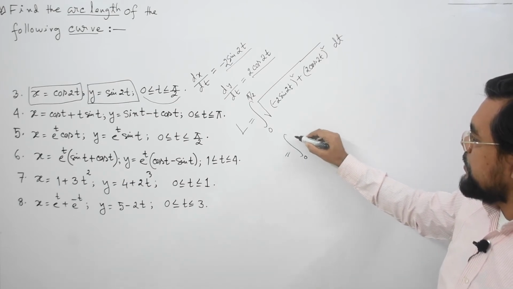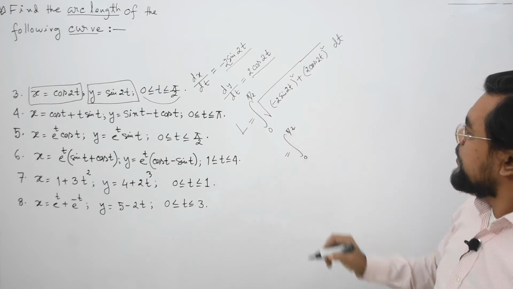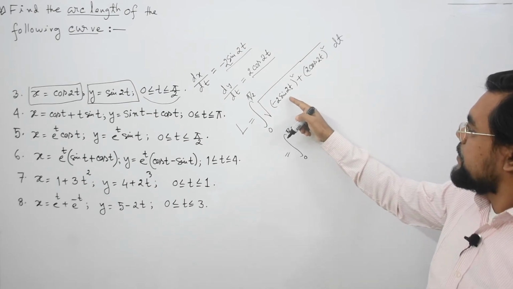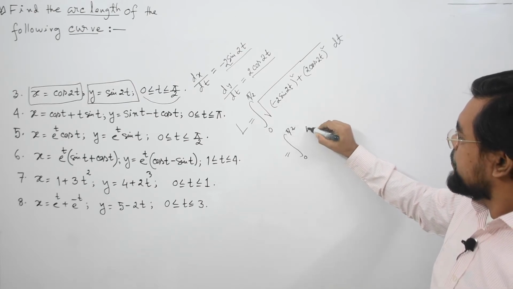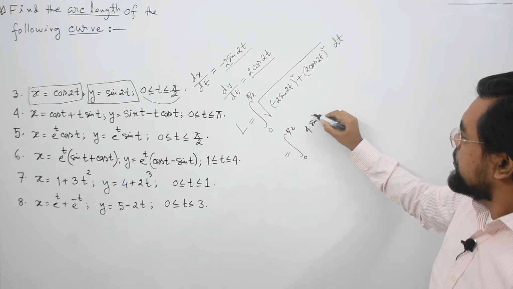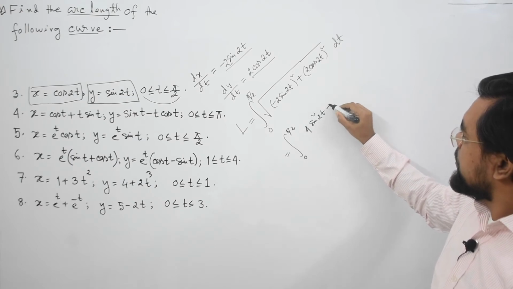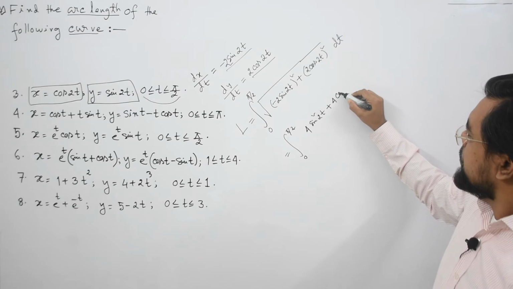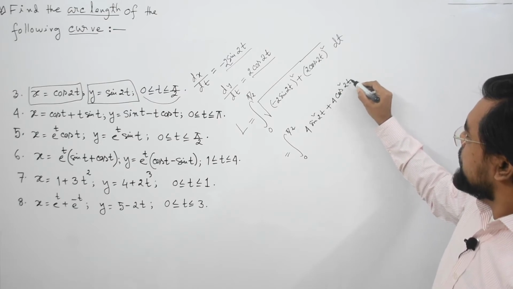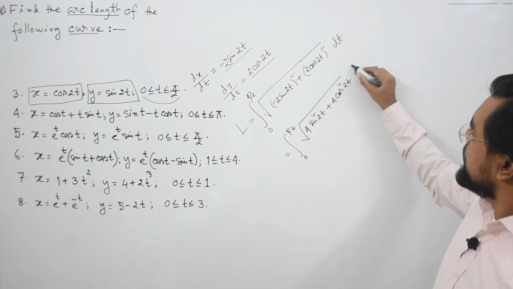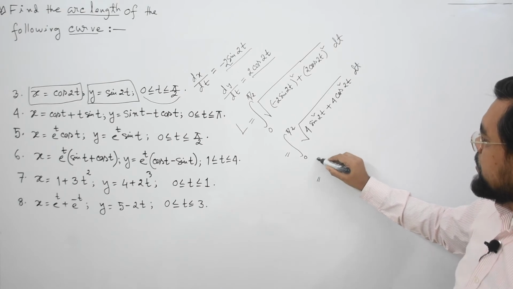So this equals the integral from 0 to pi by 2, and the square of this one is 4 sin square 2t plus 4 cosine square 2t, square root, dt.